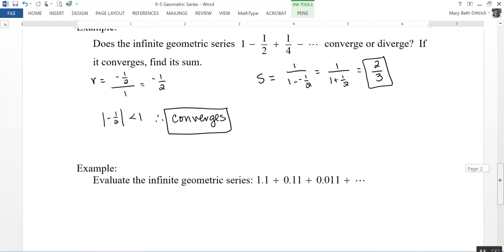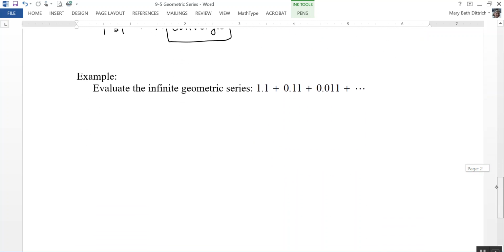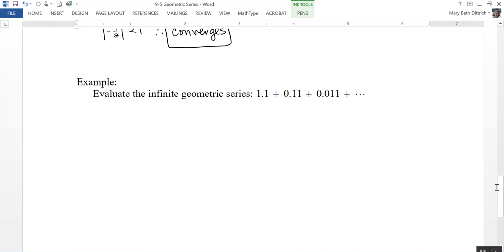And our last example here asks us to evaluate the infinite geometric series 1.1 plus 0.11 plus 0.011 and so on. Let's start by finding the common ratio. I'll take the second term and divide it by the first term, and that gives me 0.1.